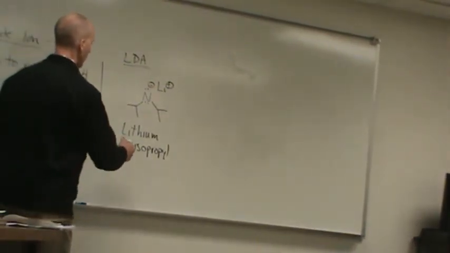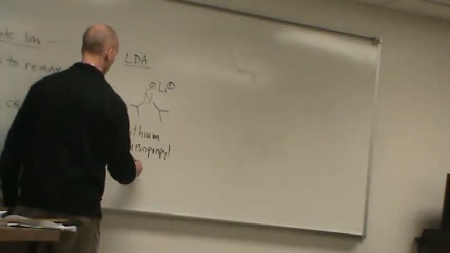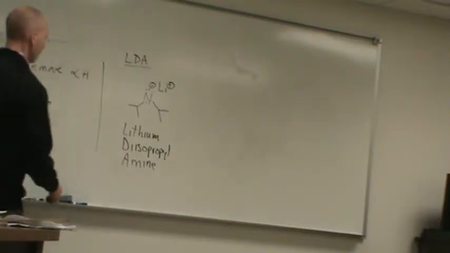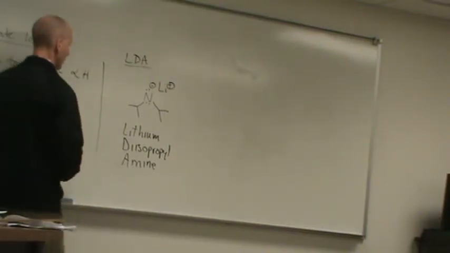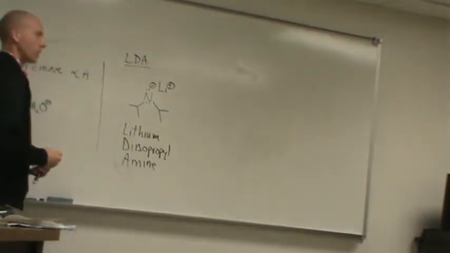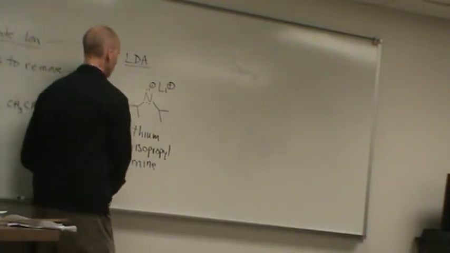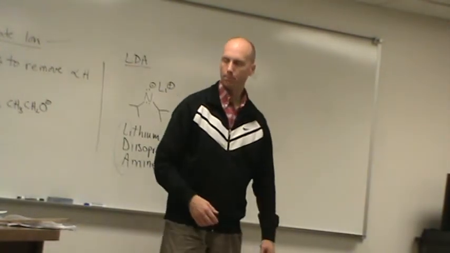And then since you have alkyl groups on the nitrogen, that makes an amine. So we have lithium diisopropyl amine. And so those three letters is where we get LDA.